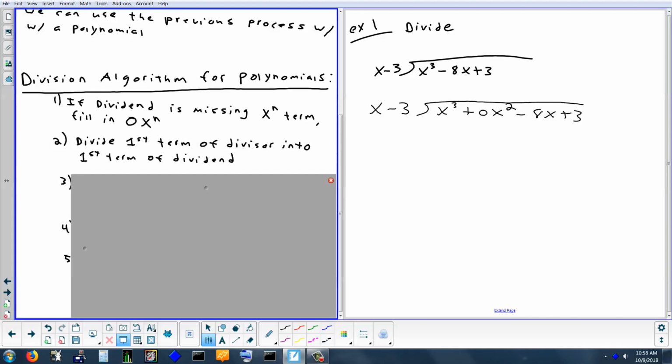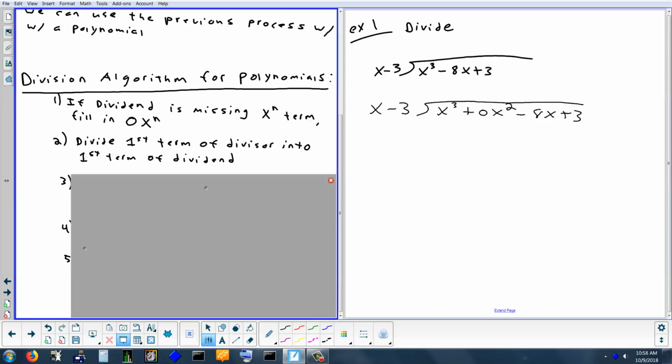Step 2, take the first term of the divisor, that's the thing on the outside, and divide it into the first term of the dividend, that's the thing on the inside. So the first term of the divisor in my problem is x. The first term of the dividend is x cubed. So we're going to divide x into x cubed.